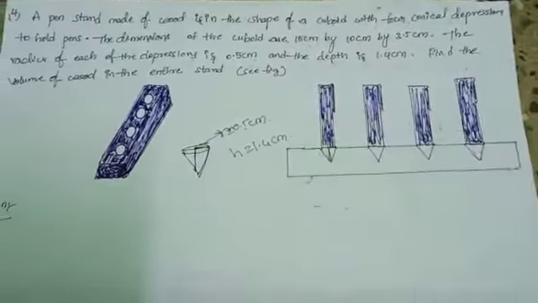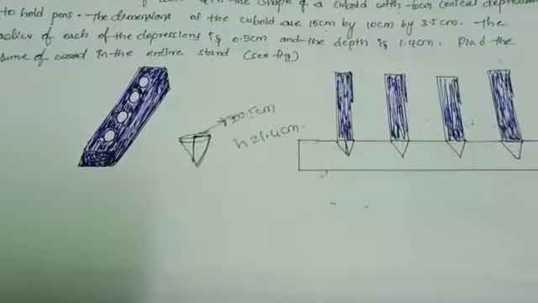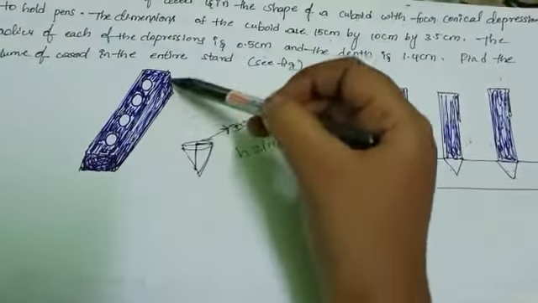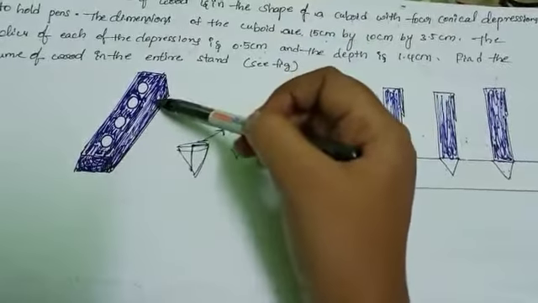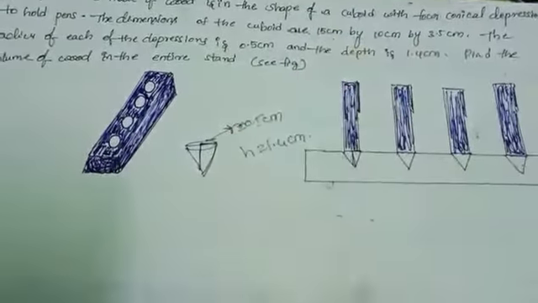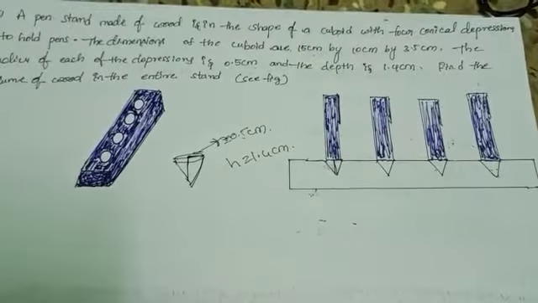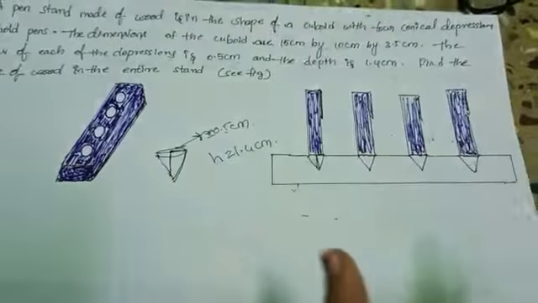Find the volume of wood in the entire stand. It means how much wood is used to make this wooden block. Clear? Here we have to find how much wood is used to make this pen holder.